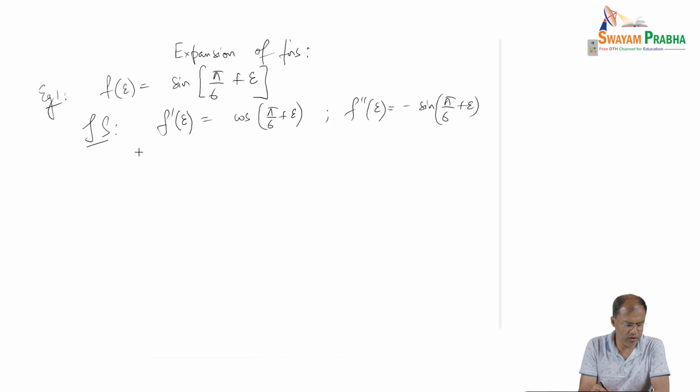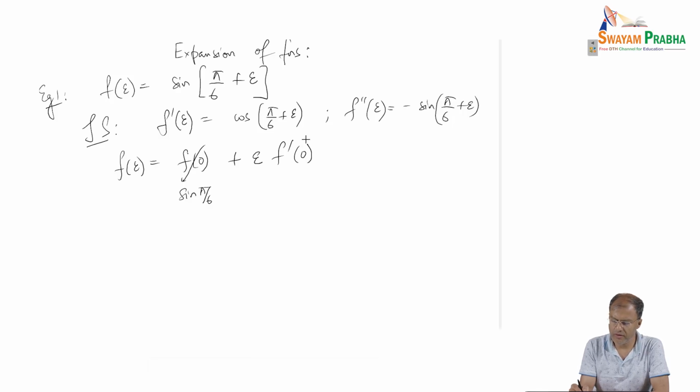And if we now start to use this Taylor series at epsilon equal to 0, then f of epsilon has an expansion of the form f of 0, which is sine of pi by 6, which is 1 by 2, and then the next term will be epsilon f prime at 0. We can start plugging in the value 0 in these functions, plus epsilon square f double prime 0 by 2 factorial, and so on.